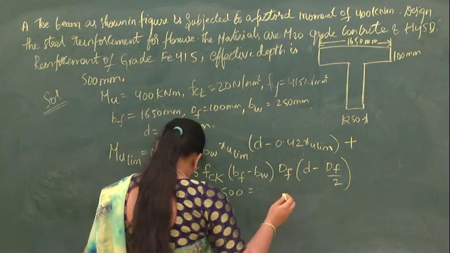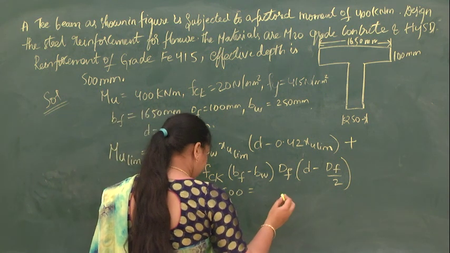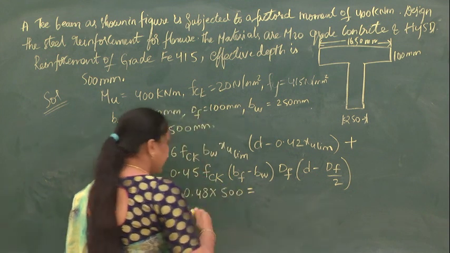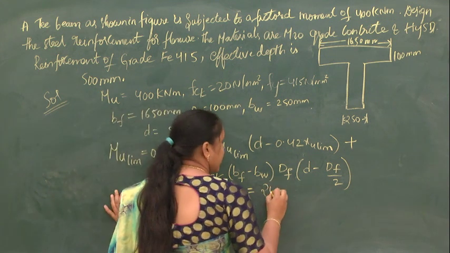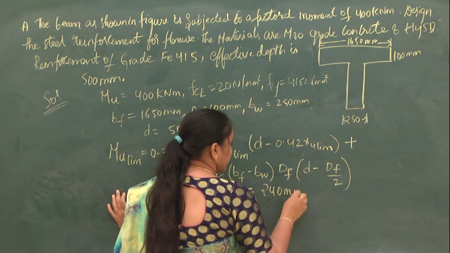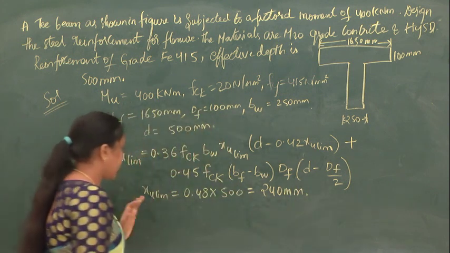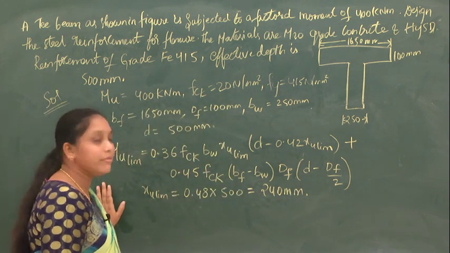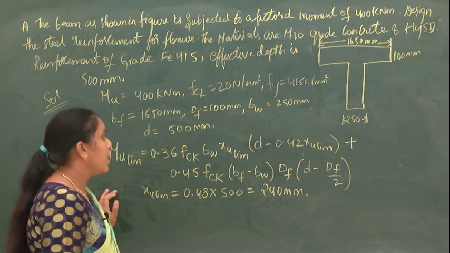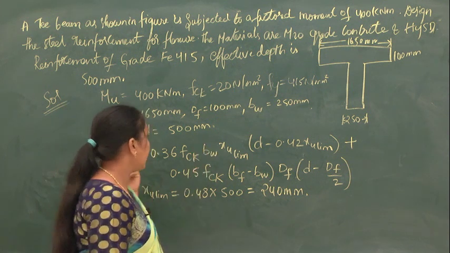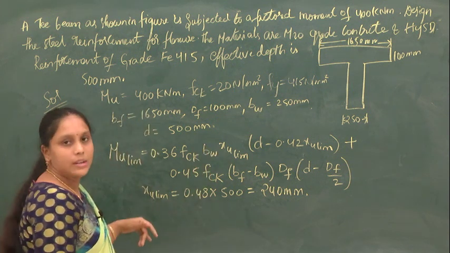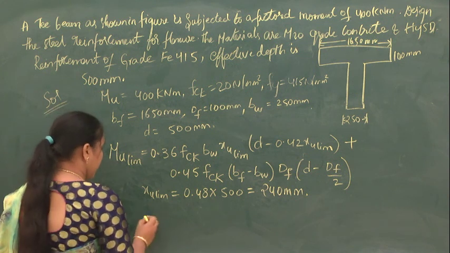So you will get a value of 240 mm for XU limit. Now substitute this XU limit here and calculate the Mu limit.